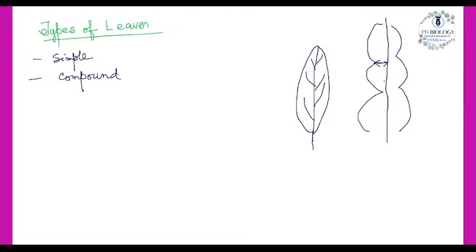The compound leaf, the incision of the lamina reaches the midrib, breaking into several leaflets. A bud is seen in the axil of the petiole of simple and compound leaves.